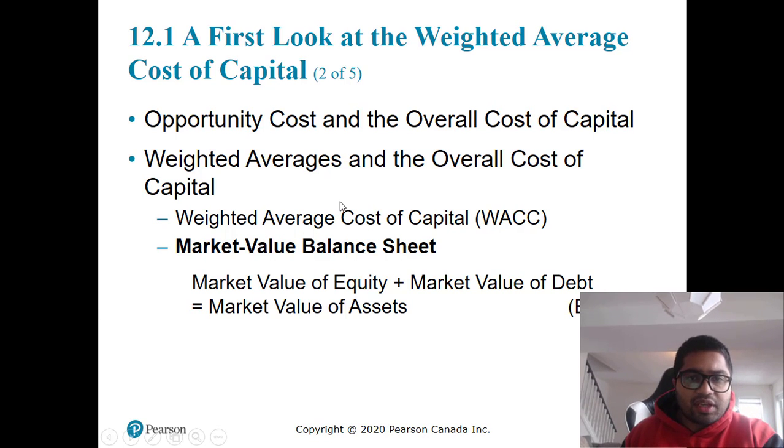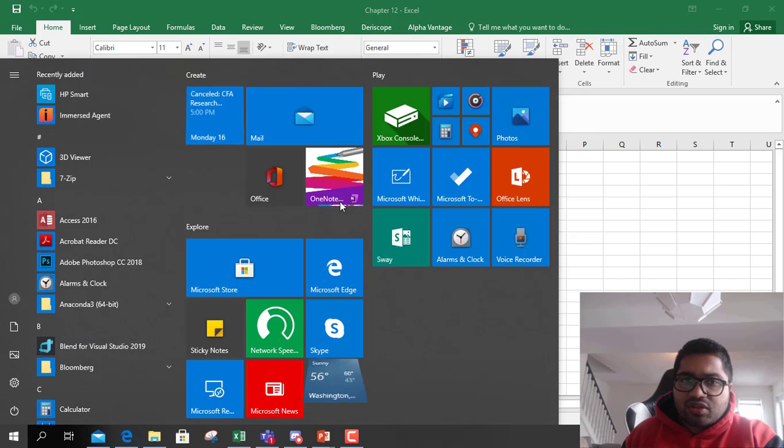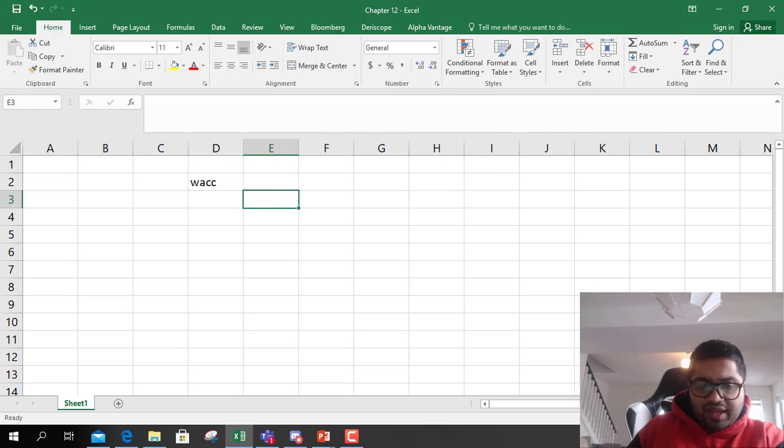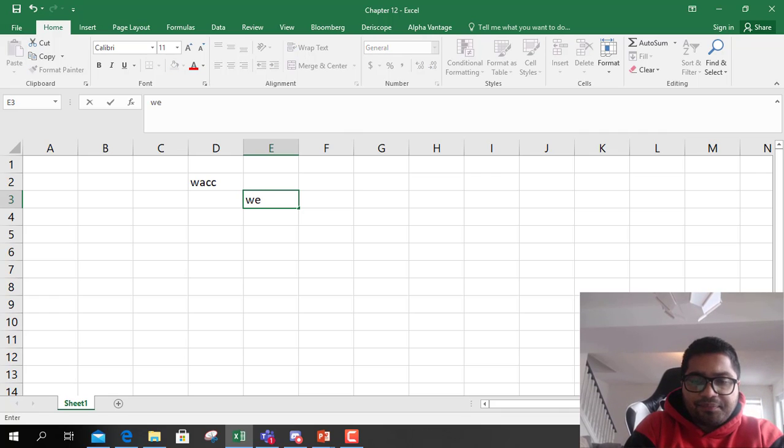So if you look at the formula for weighted average cost of capital, WACC: the formula is weight of equity times cost of equity, plus weight of preferred stock times cost of preferred stock, plus weight of debt times cost of debt.